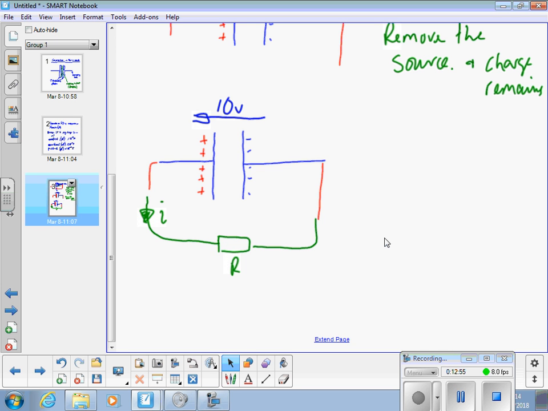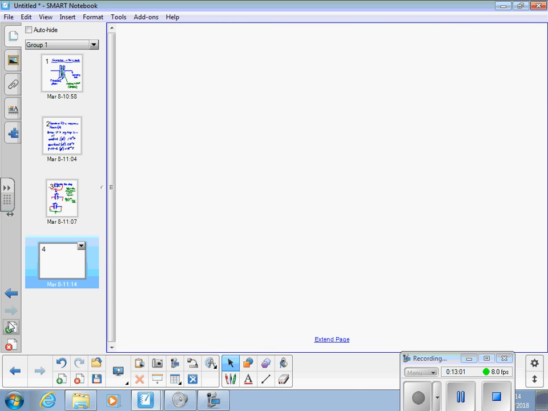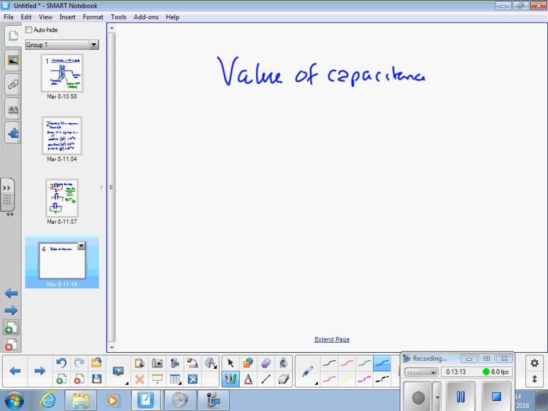Are you all happy with that so far? Right. Value of capacitance for a given capacitor depends on three main things.